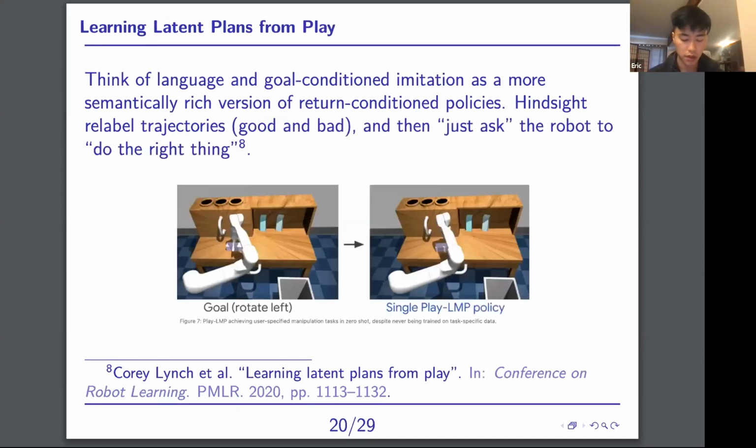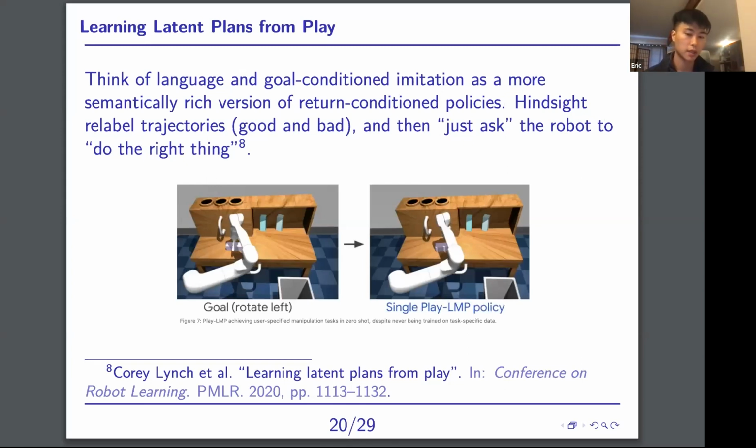If you think about the return to go as a sort of hindsight conditioning variable that you tell as a goal for the policy, a richer version of this would be just to describe in language what happened, right? Instead of a single scalar of return to go, you're providing hindsight labels of what happened in the episode. Some work from my colleagues at Google learned this very cool system where you could have a robot explore like a baby in the simulated scene.